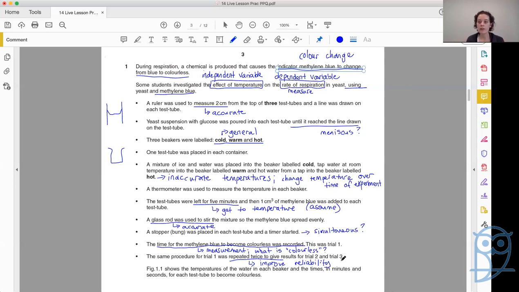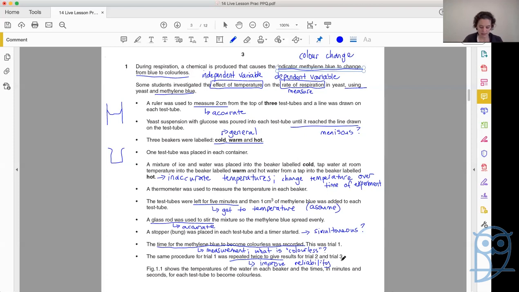So if our experiment is reliable, we're going to get similar answers for each one. Then we know, okay, we're good. Despite these inaccuracies in our method, we still have reliable results coming out of it. So despite our errors and our problems, we can get a reliable result. The more repetitions, the better.